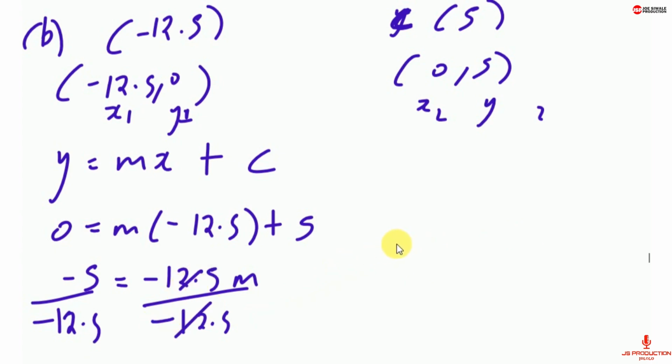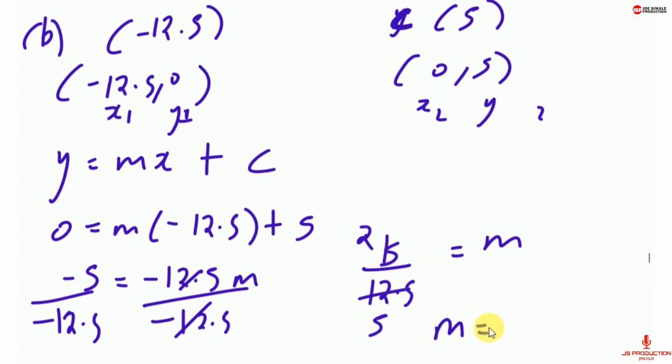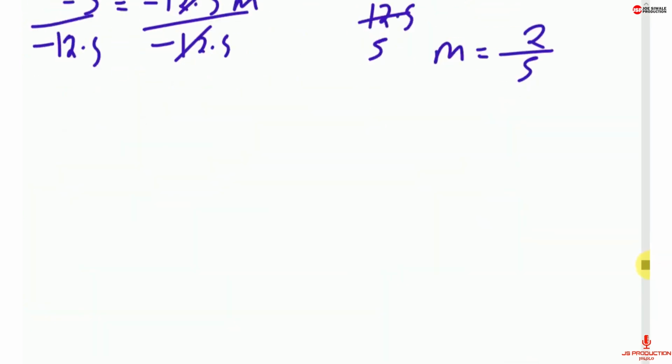We're going to have 5 divided by 12.5 is equal to m, and from that we can simplify this. We can say 2.5 goes into 12.5 five times and into 5 twice, so our m, which is gradient, will be 2 over 5.